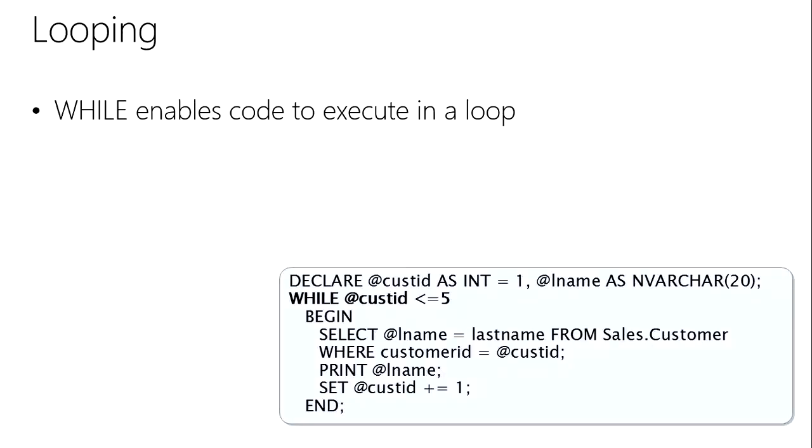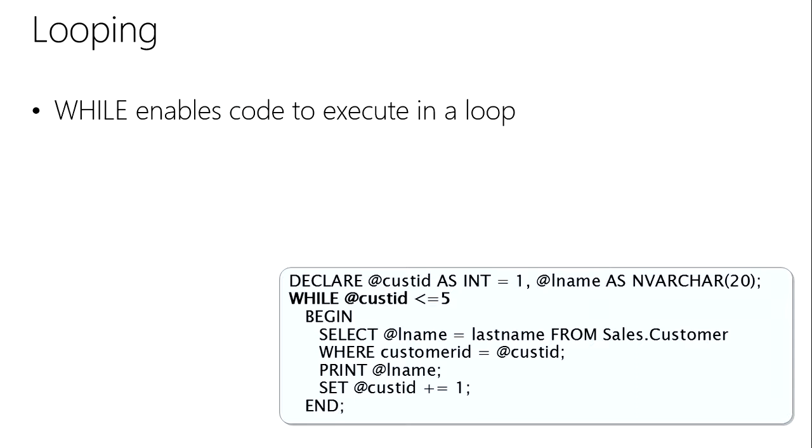So what we're going to say here in this example, we've got while @custID, so we've declared customer ID, it's an integer, starts off being equal to 1. So while that is less than or equal to 5, and then we have a begin and end block, and in that block we're going to say set @lname, which we've also declared at the beginning, equals last name from sales customer, where the customer ID equals that @custID value, starting off as 1, then printing out the last name, and then iterating through.